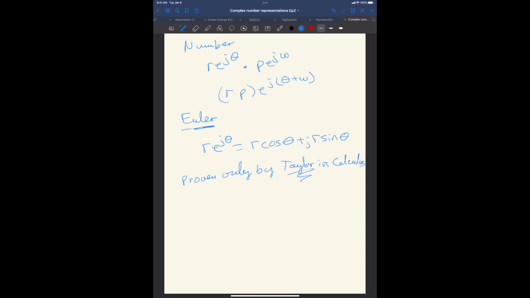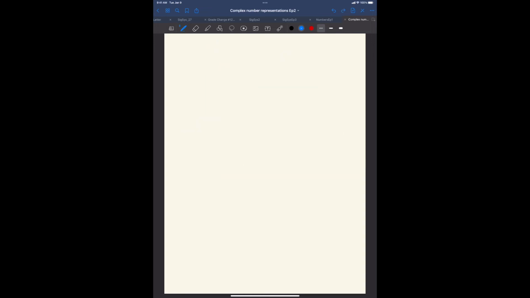Okay, and Taylor series in calculus is how we actually write any function as an approximating polynomial. Okay, so let's look at Taylor series for a moment.